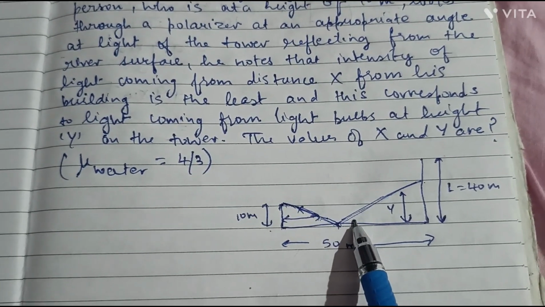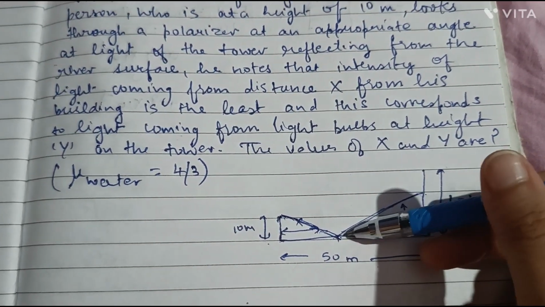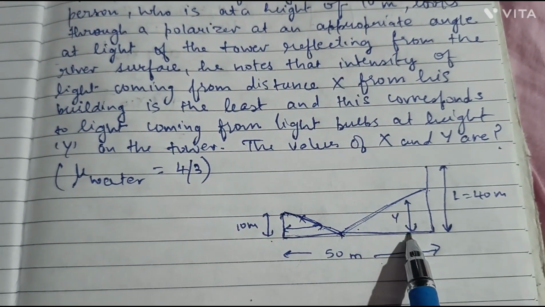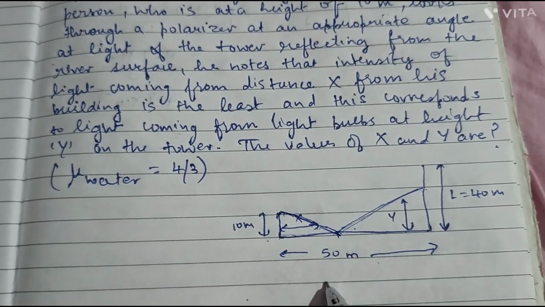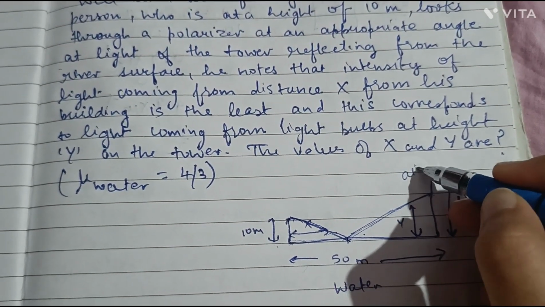Now this is where the Brewster's angle is getting applied. So this time we have some incident ray falling on a different medium. Here it is a river, right? So the medium is water and the light rays are coming from air.